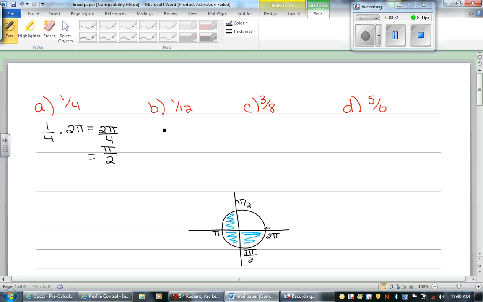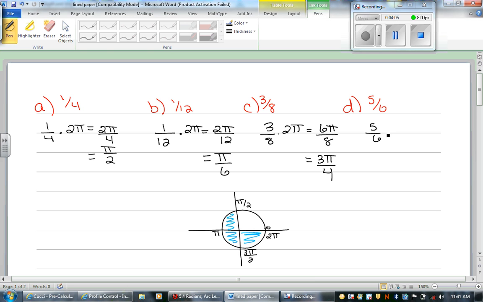All right, so we're going to follow that same pattern. 1/12 times 2 pi is going to give us 2 pi over 12, which we know reduces to pi over 6. 3/8 times 2 pi is going to give us 6 pi over 8, or 3 pi over 4.